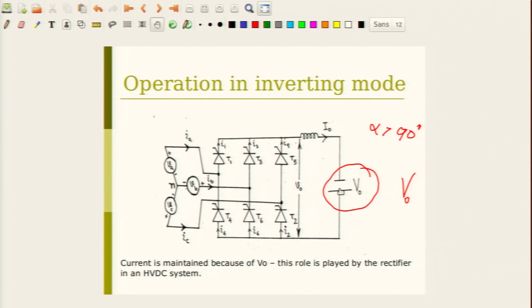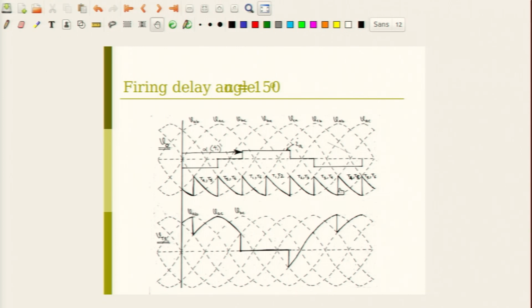So, this is something we will try to understand. If alpha is greater than 90 degrees, you can have negative voltage across the DC link, and this negative voltage can be sustained provided IDC is in the same direction, which is so provided you have another voltage source which is pulling current in that direction. And this is called inversion operation.